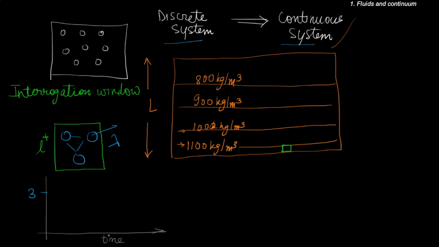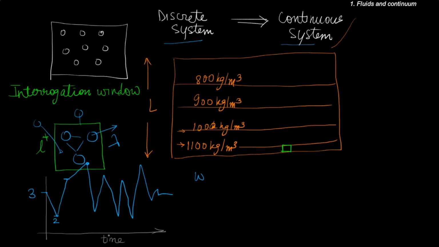Now suppose one of these molecules leaves and no other molecules enter, so suddenly at the next time step I will end up with a density of 2. Now suppose 2 molecules come into the system, I will end up with a density of 4. Now suppose one more molecule comes in, I will have a density of 5. So each time step the variability in the observed quantity will be high.